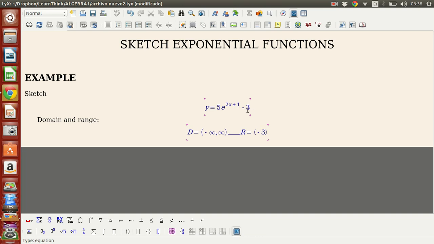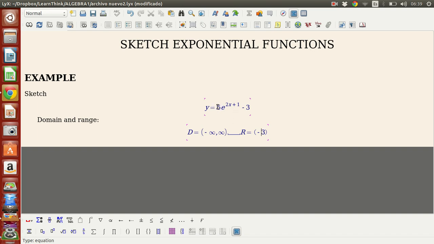Now we need to check if the function is going to infinity or to minus infinity. How could we calculate that? By checking the number that multiplies e. If the number that multiplies e is positive, the function is going to infinity. If it is negative, the function is going to minus infinity.